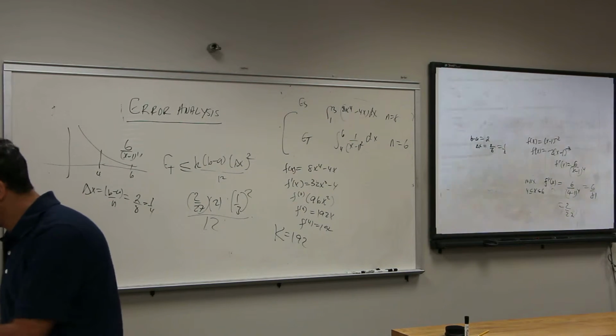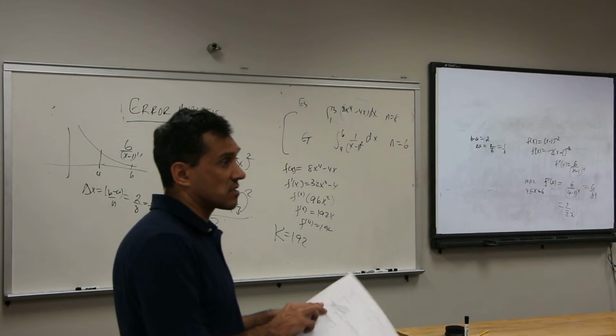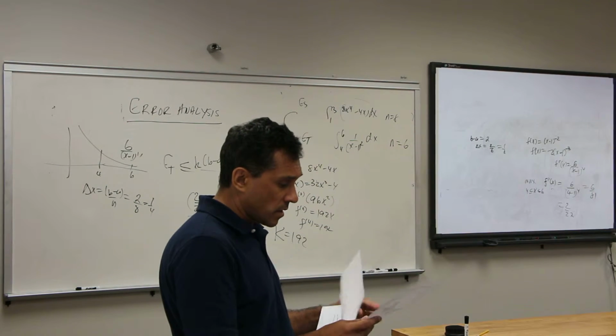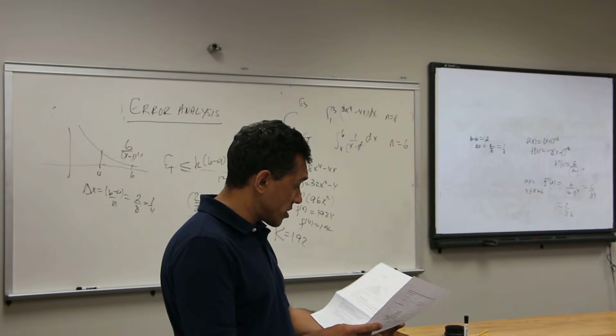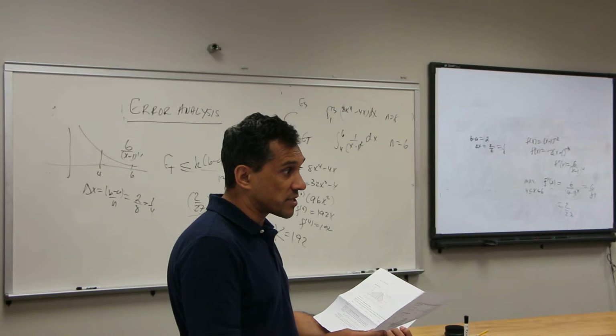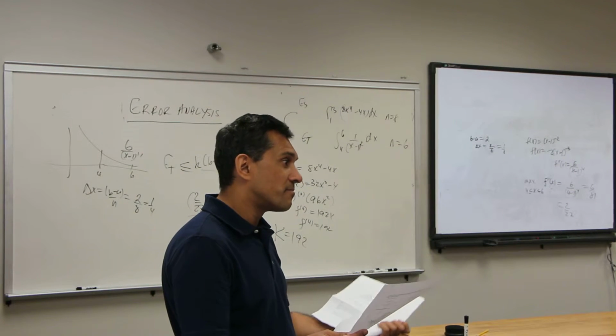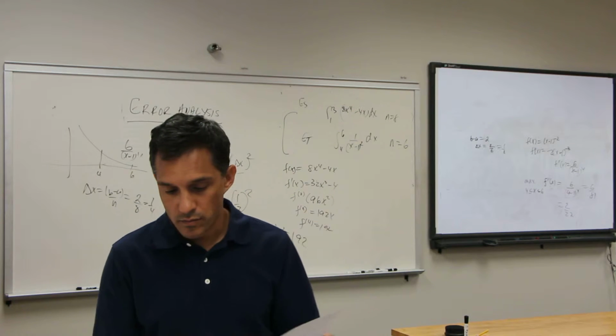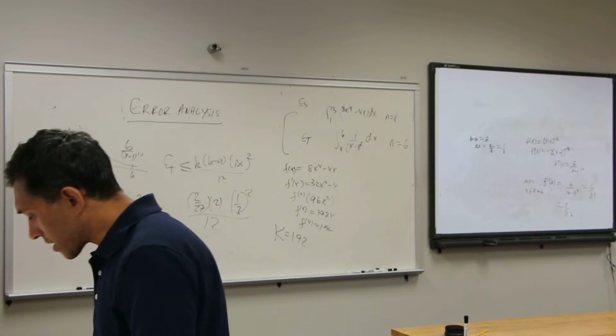Actually, there is a class called numerical analysis. If you want a computer to do something, then you need to know how accurate the answer the computer gives you is, even though you don't know it. So this is called numerical analysis. Okay, so here's an example.